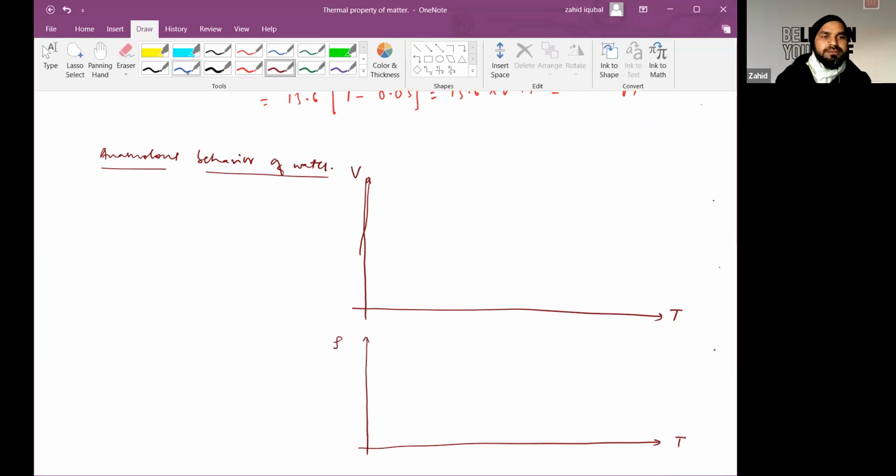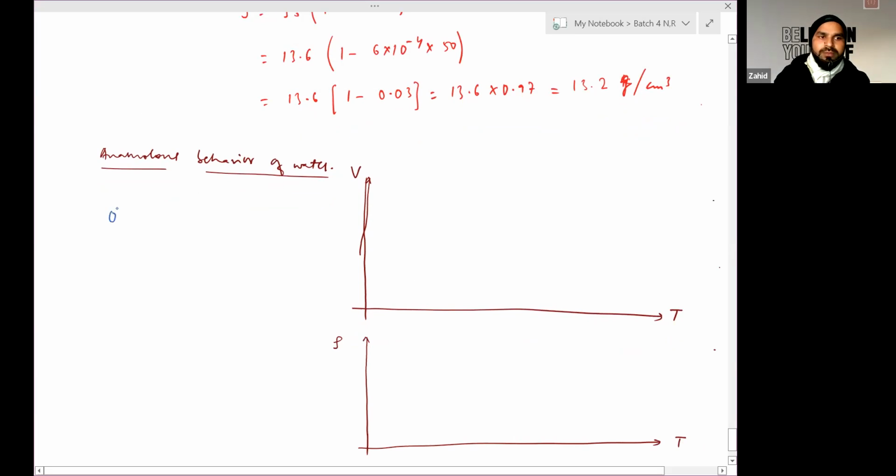So first, on going from 0 degrees Celsius to 4 degrees Celsius, volume of water decreases and density increases, which is opposite of this above relation. So there will be an exception for water for this particular case.